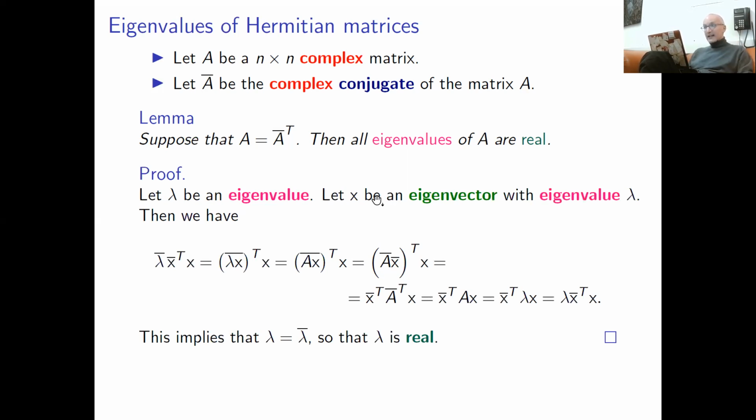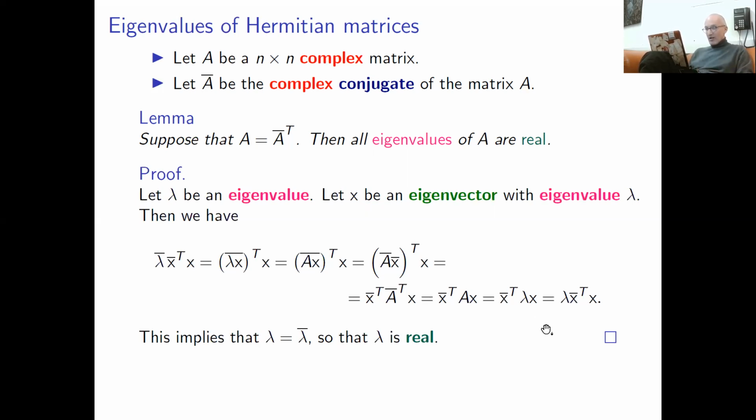It's a complex eigenvector, but we know for sure it exists, because the matrix A minus lambda I has determinant 0. So by the rank-nullity theorem applied to complex numbers, the kernel is positive dimensional. I take any non-zero vector in the kernel. This is my vector X.